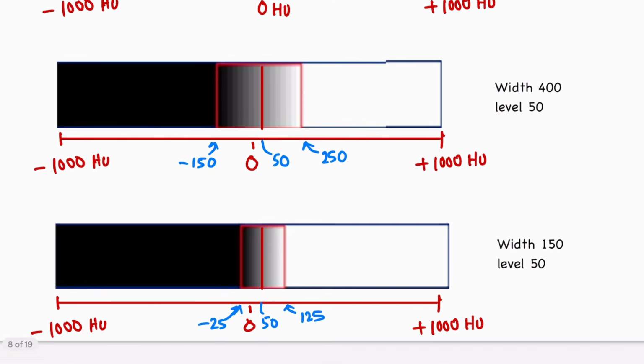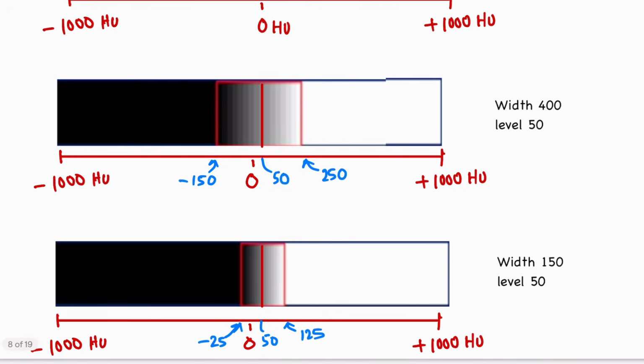What if we reduce this further, so that even with smaller changes in density, we can appreciate much better, because the shades of gray change more abruptly. So here with a level of plus 50 Hounsfield unit, plus 50 is the center, and the width is around 150. So you divide 75 this side, 75 this side. So it starts from minus 25, it ends at plus 125 Hounsfield unit.